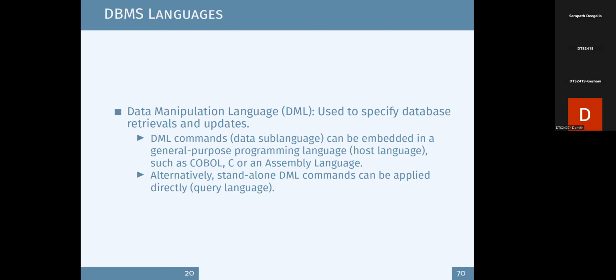So for example, let's talk about SQL, which is what we usually use to retrieve data in relational databases. One way is you can directly access the data just using SQL, or you can embed them in whatever programming language you use to develop the application. So these are the two things we discussed here.